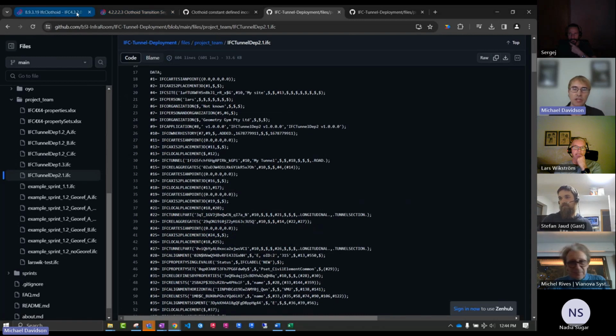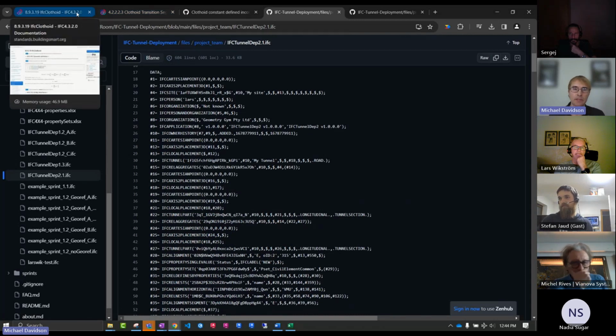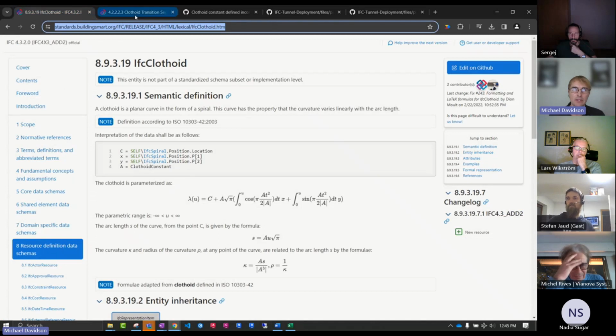But this morning in that implementers forum, there was a discussion about, I think Sergey, I think you caught it maybe from Rick Bryce's discussion about the clothoid and the, what's it called? I want to use the proper terms here. Partial template.